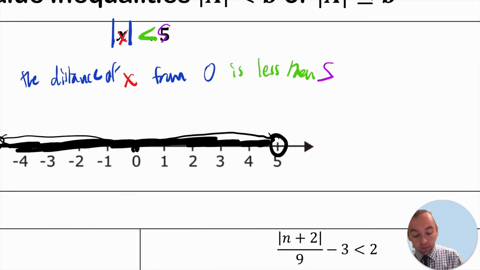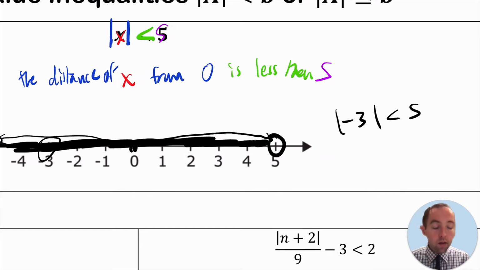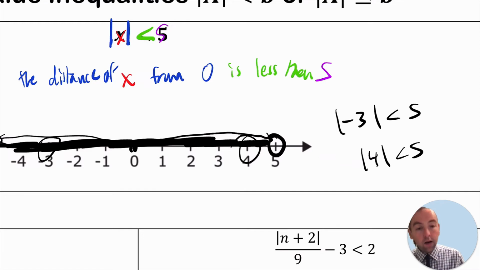And this will make sense because, for example, definitely -3 is a number we could plug in for x because that's a true statement, because the absolute value of -3 is 3 and 3 is less than 5. And then also, that number right there is a solution for x because the absolute value of 4 is less than 5. So notice that if we picked any number that was greater than 5, like a 6, then we would get this statement, but that statement is false, right?